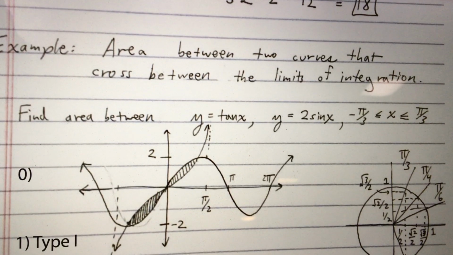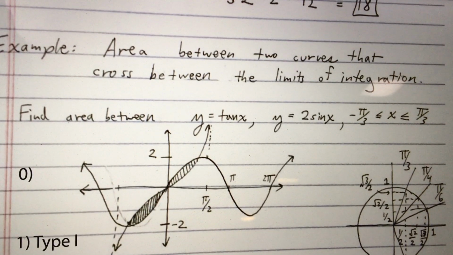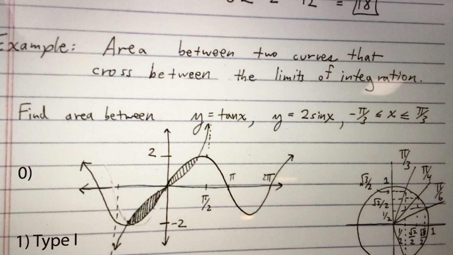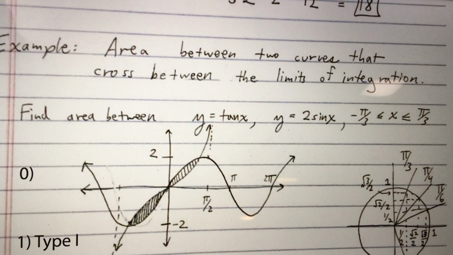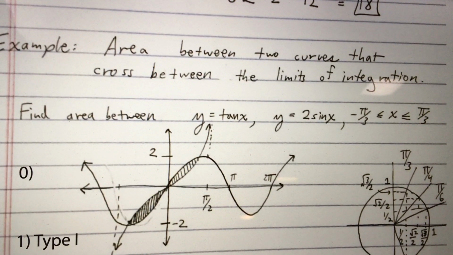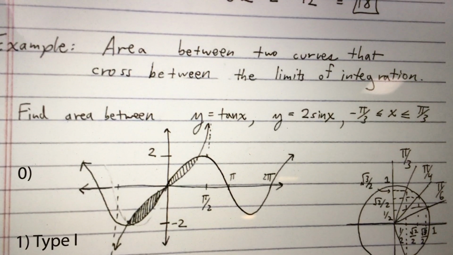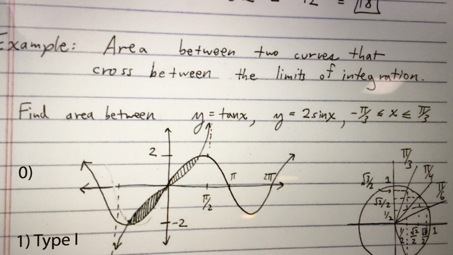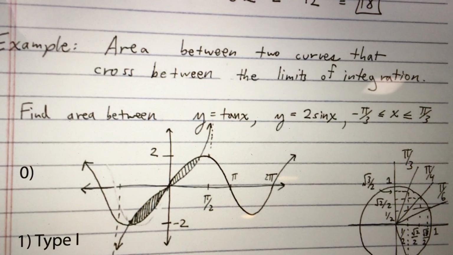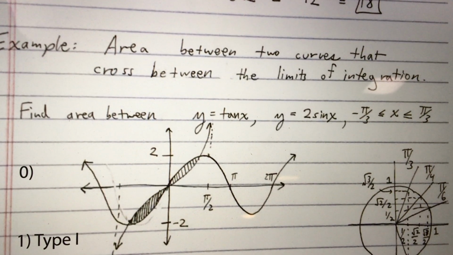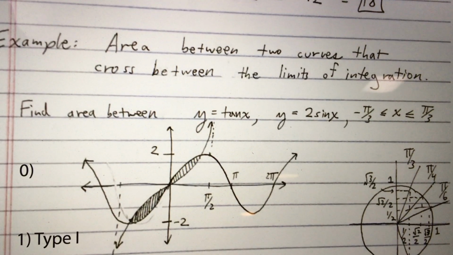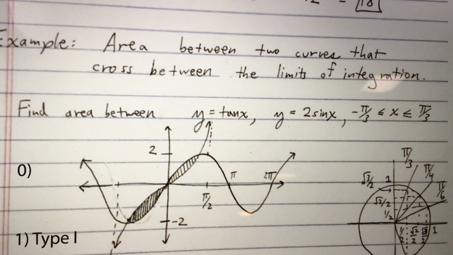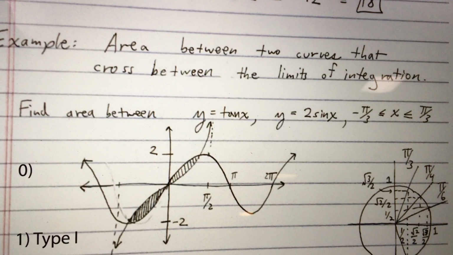And you notice that the curve of tangent crosses right through sine at x equal to 0. And then there's a beginning and an ending point where they cross as well. So we need to find those beginning and ending points specifically, but also we can solve in the process that they cross at 0. We need to know where they intersect.